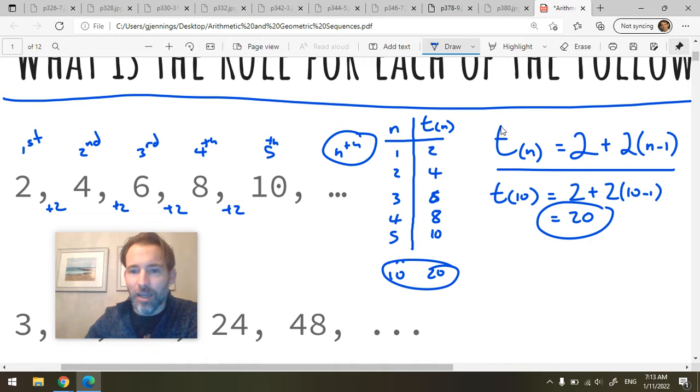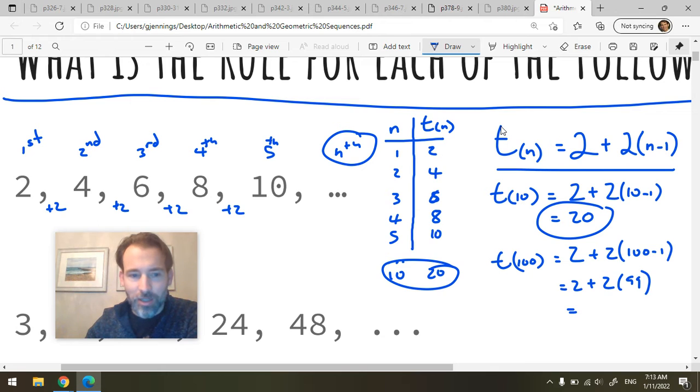Okay. And then t at 100, similarly, is going to be equal to 2 plus 2 times 100 minus 1. This is equal to 2 plus 2 times 99. 2 times 99 is 198, and 2 plus that is 200.